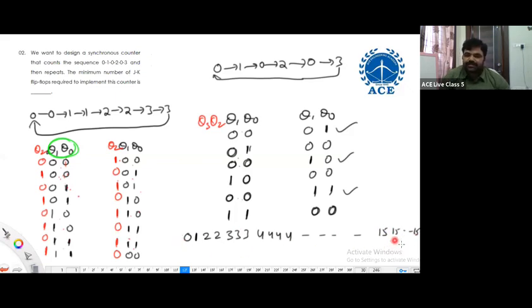If this is the sequence, how many flip-flops are required? Please guess. How many flip-flops are required to design the system?